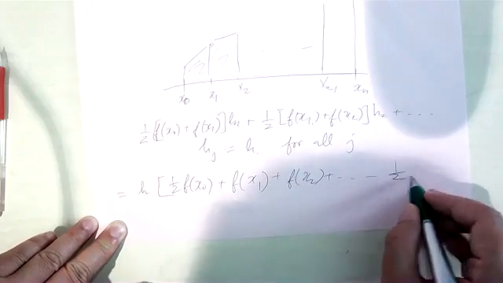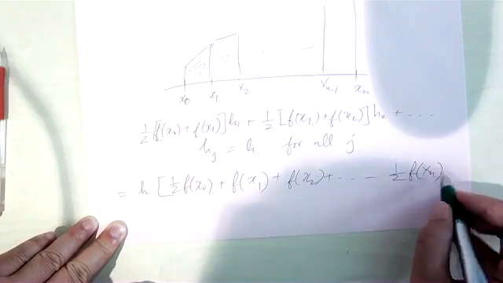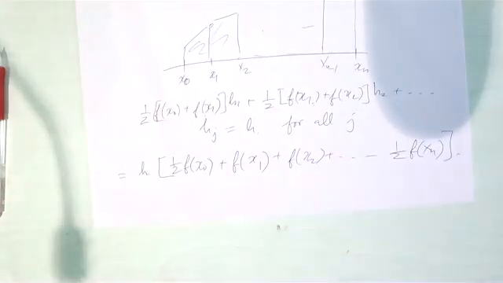Only the last one has 1/2 f(xn). That gives you the composite trapezoidal rule with the same step size.